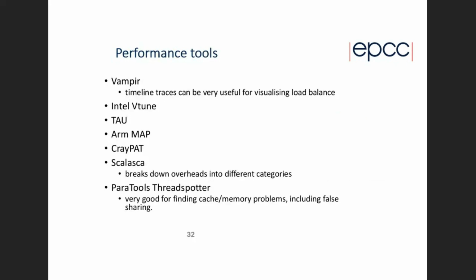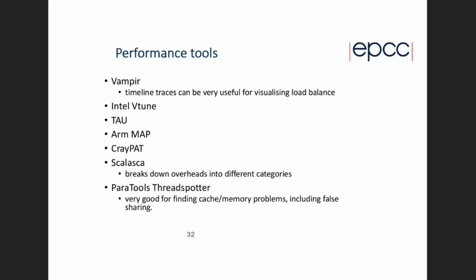Lots of performance tools do have OpenMP support in them. In particular for ARCHER2, Cray has some capabilities for dealing with OpenMP overheads. You'll get a chance to play with that in the practical session. As you'll see, it's better than nothing. It tells you some stuff, but doesn't tell you everything.